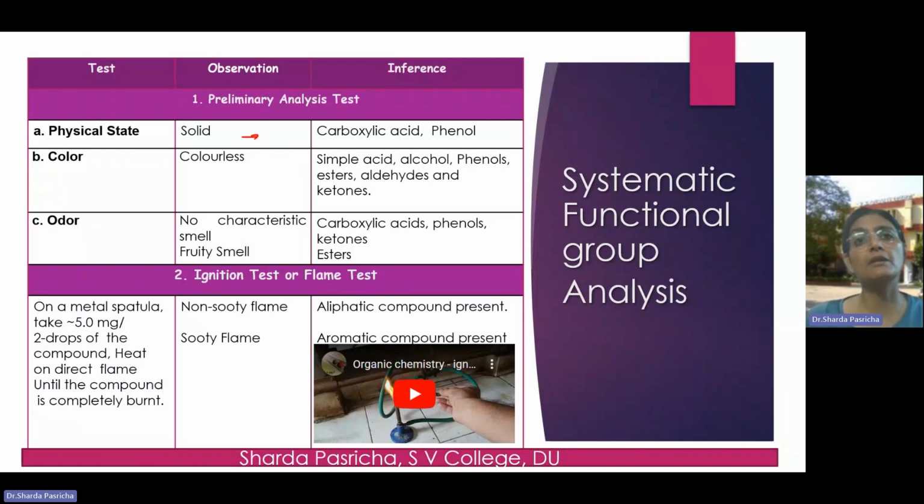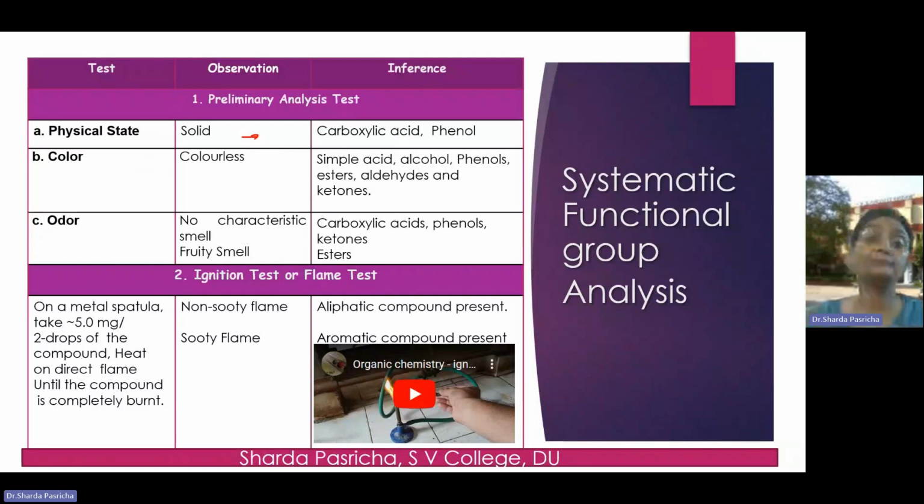So normally liquids that we give are aldehydes, ketones, alcohols, esters. Whereas if you have solids, you have phenols, carboxylic acid, and many nitrogen-containing compounds like amides, higher amides, they are solids. Okay. So then we come to the odor. So you have to bring the test tube containing your compound slightly closer to your nose and try to smell the compound.